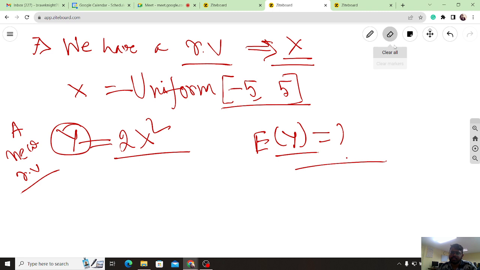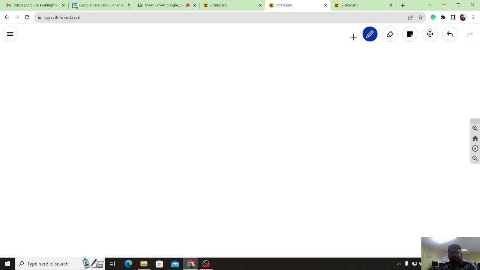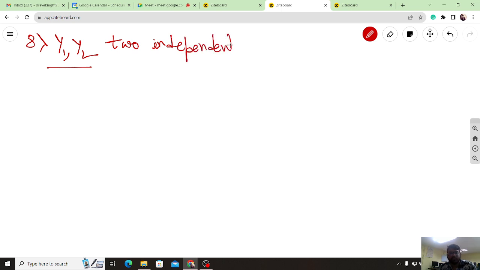Now let us go to question number 8. It says y1 and y2 are two independent random variables, and in this case also they are uniformly distributed.